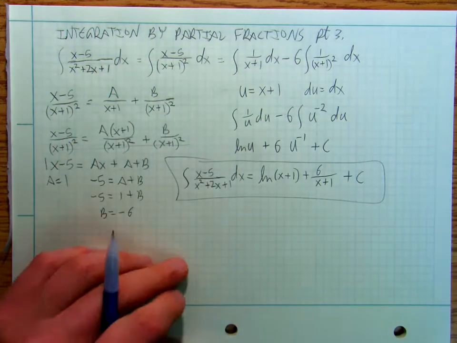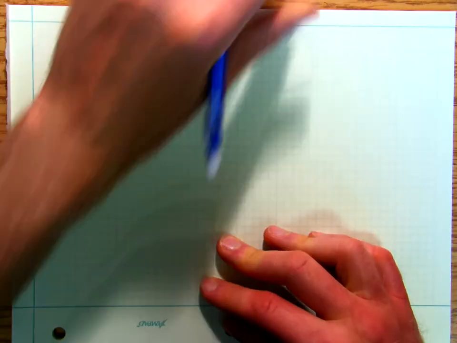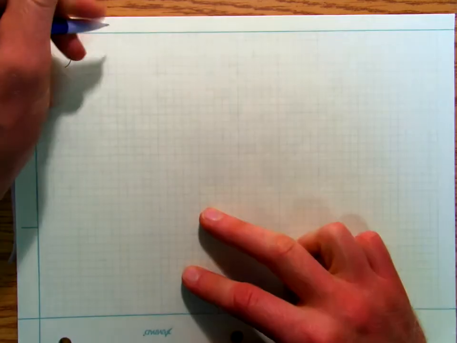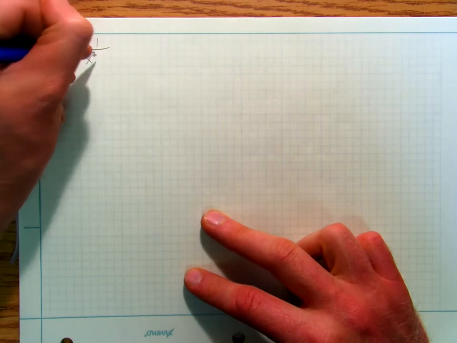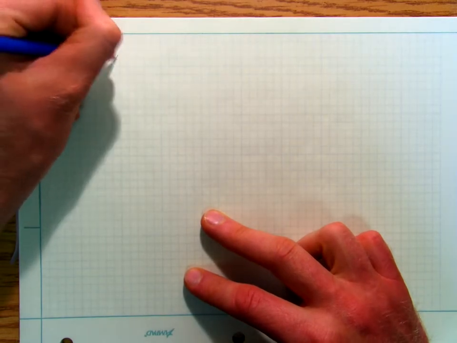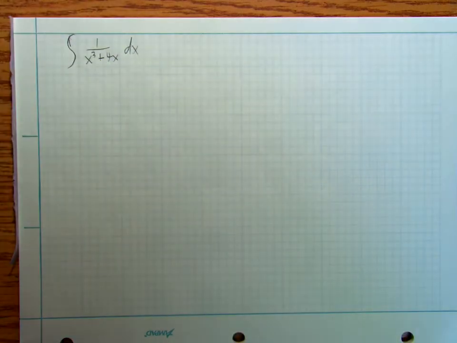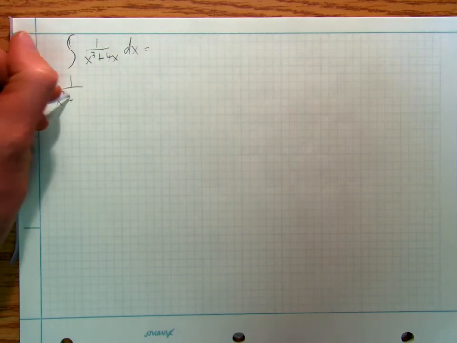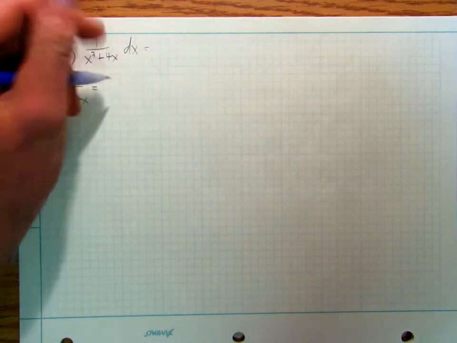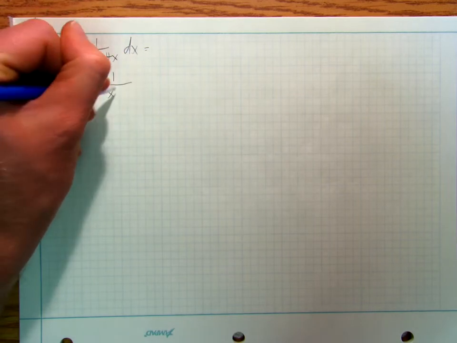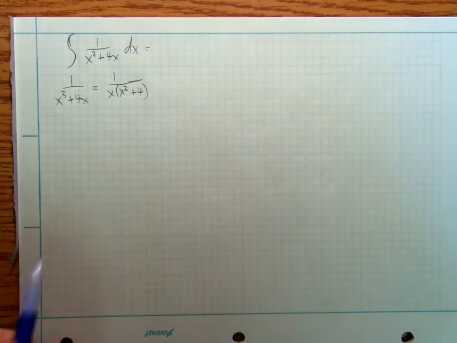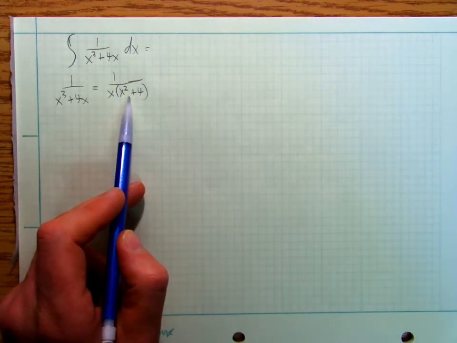Okay, then I'm going to do just one more and call it good. Let's do this one. The integral of 1 over x cubed plus 4x dx. Well, what I'm going to do is rewrite 1 over x cubed plus 4x as 1 over x times x squared plus 4. Now the problem is that x squared plus 4 is not factorable.